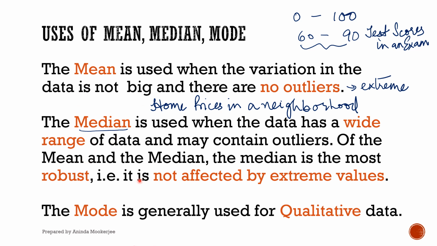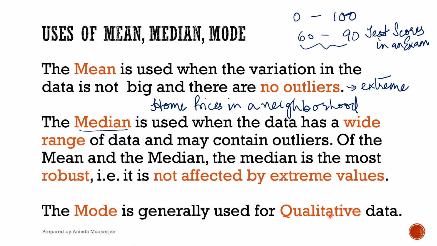And we will also see that the median is most robust, meaning that it will not be affected by outliers and extreme values. In the next slide, I'm going to prove that to you with an example. The mode, which just tells us the value that occurs most frequently, is used for qualitative data.